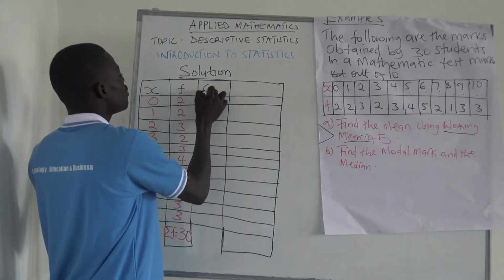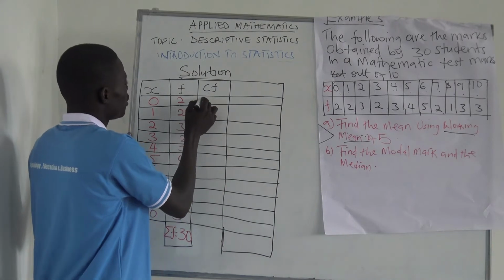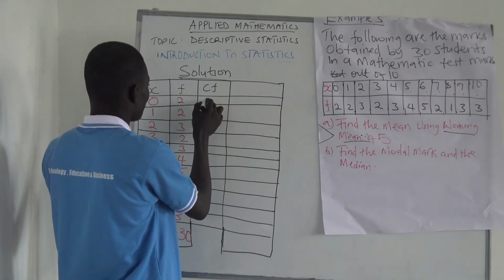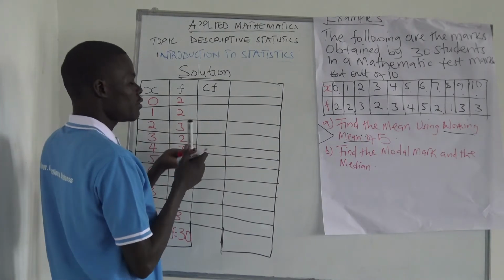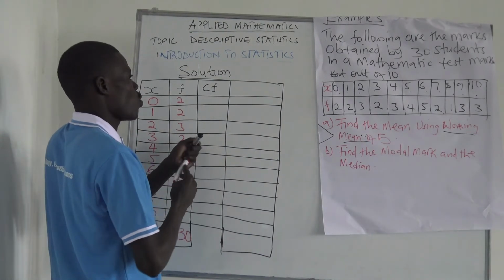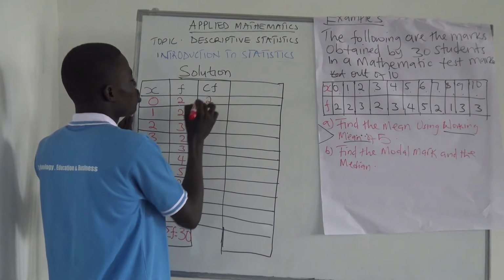So our cumulative frequency is given by adding these ones. The first cumulative frequency is always the first frequency, which is 2.